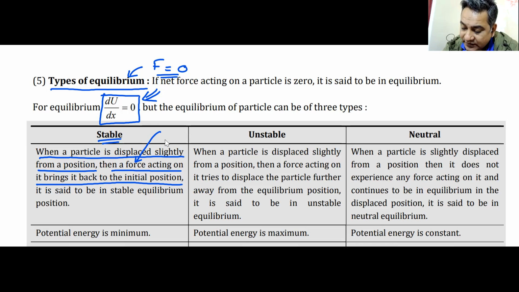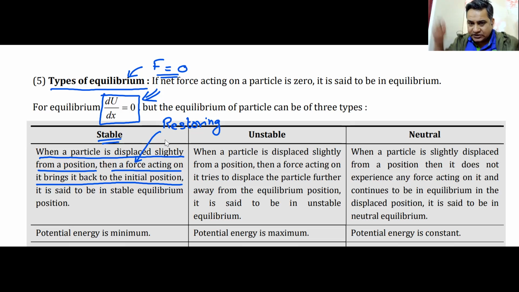This force is known as restoring force. It is restoring it, bringing it back to its original position. Now this restoring force or this stable equilibrium would be coming to you very soon in the chapter on SHM. I guess either gravitation or SHM will start, and then with the other sir. This force which is trying to bring the particle back to its original position is known as restoring force.